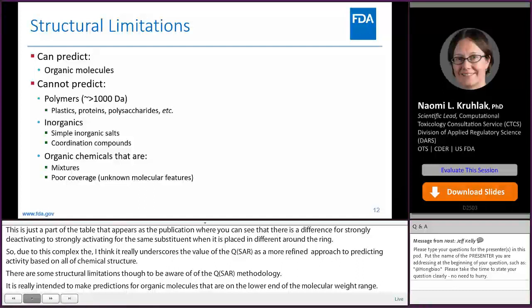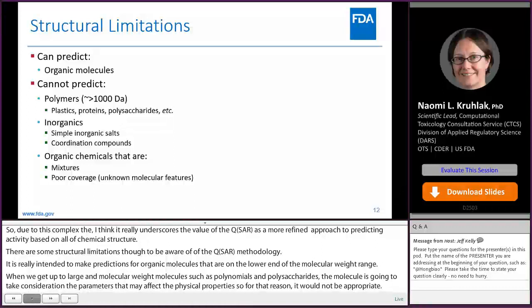Additionally, inorganics are generally not well predicted by QSAR models simply because they have much more complexity associated with different oxidation states around a metal and other properties that are not going to be well covered by the training set molecules. Organic chemicals that are mixtures cannot be predicted, but we can make a prediction for the individual components of a mixture if we know what they are.